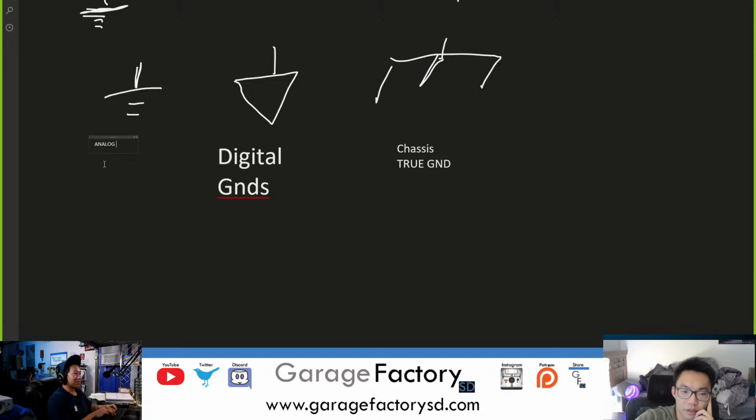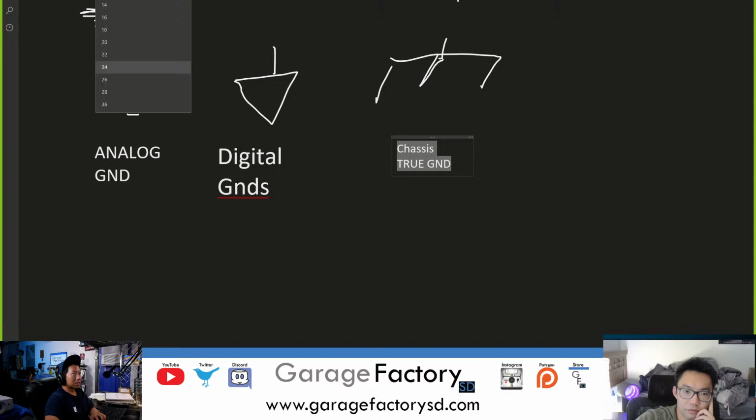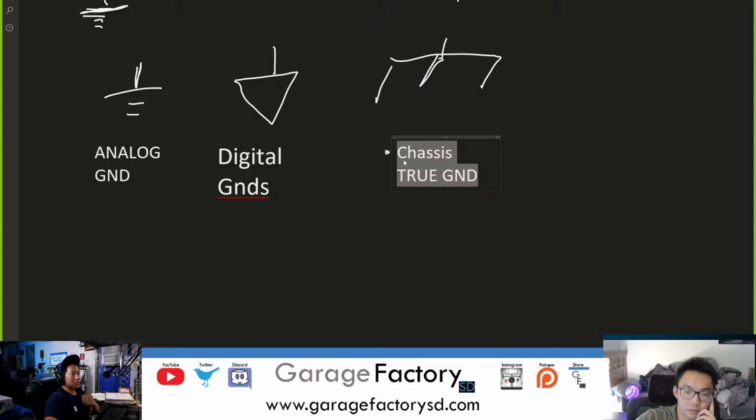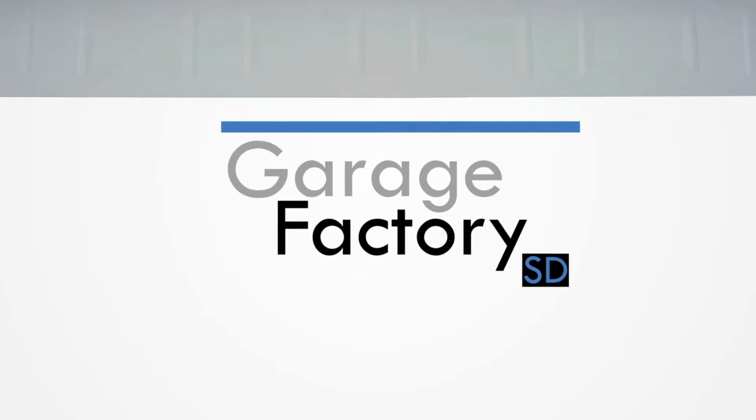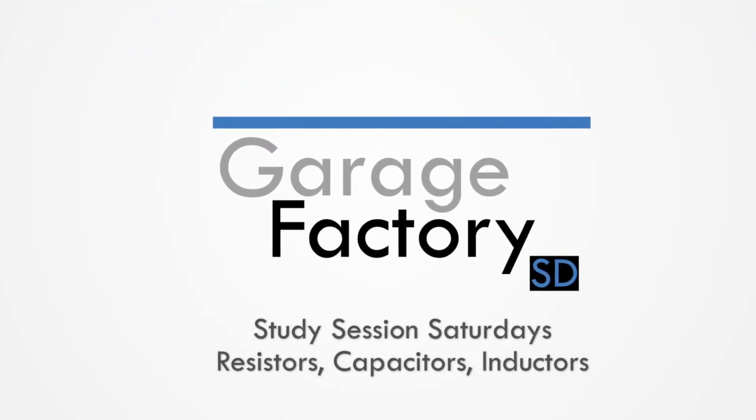But these are the three main symbols that I've been seeing for grounds. So just FYI. I would think this is the closest thing we could get to a zero. But then these are actually just return paths, like a reference.